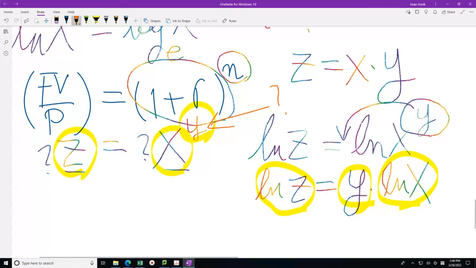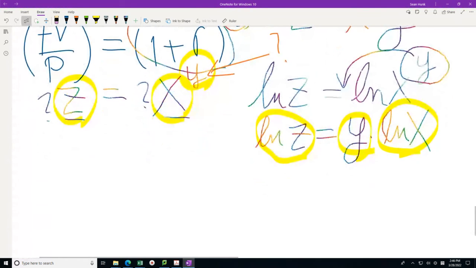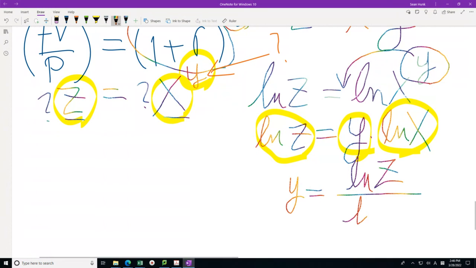So solving for y now, all you need to do is, what? Anyone? Solving for y, that's going to be simply natural log of z over natural log of x.